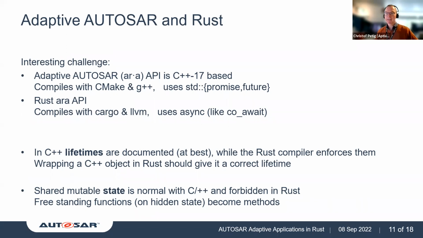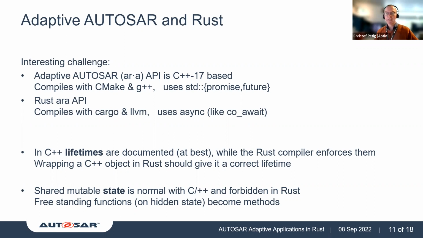In C++, lifetimes of objects are typically, at best, documented. You have to make sure that whenever you pass an object to a subfunction, it's clear whether the ownership will be passed to that subfunction, and the subfunction has to free or deallocate that object, or not.